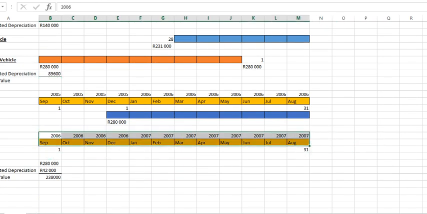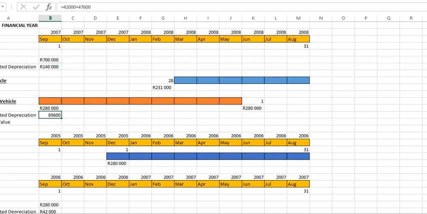So the total accumulated depreciation as per the beginning of the year is 89,600. And then to get our carrying value, we will take our cost price, 280,000 Rand, minus this 89,600 Rand. So our carrying value for this vehicle at the beginning of the year is 190,400 Rand. And that we then need to depreciate up until the date of sale, so up until the 1st of June 2008.